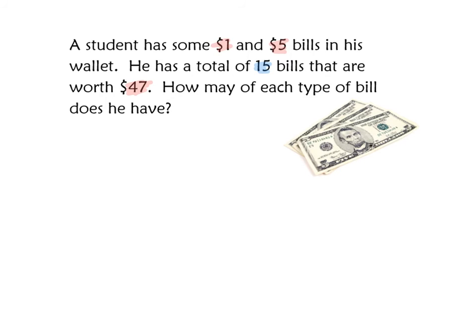So hopefully for this one, you see that you have $1 bills, $5 bills, and a total of $47. So I have 1x plus 5y, and that equals $47. I also know that I have a total of 15 bills.